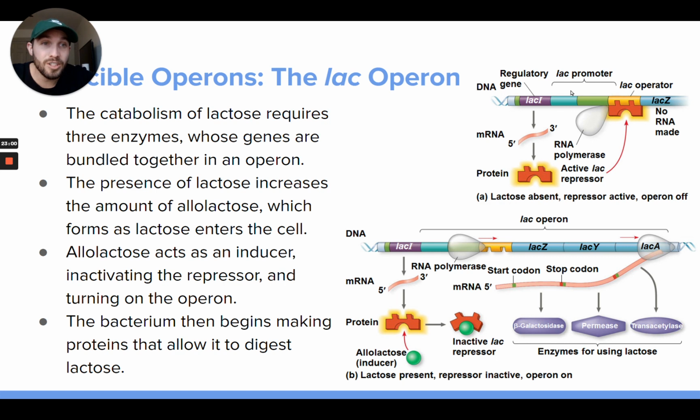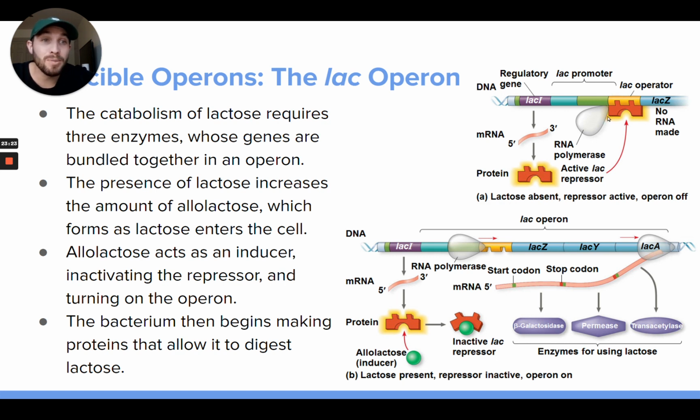And so this is the situation we're going to encounter in an inducible operon. An inducible operon is by default off because the repressor protein is by default active, causing these genes to not be transcribed. So this is the opposite of what was happening in the trp operon. These genes are by default off because the repressor protein is by default active.